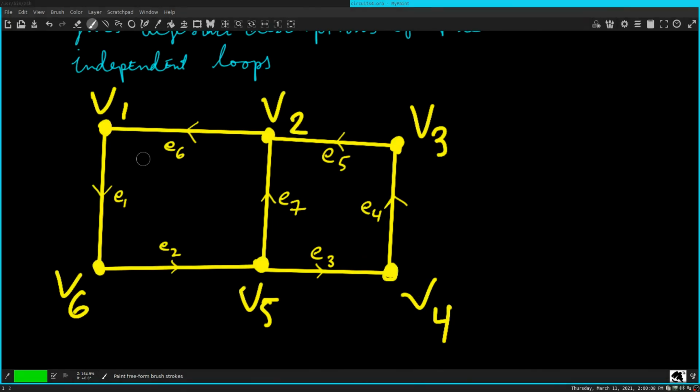Well, loops have the property that they always enter a node the same number of times that they leave the node. So, for instance, we take this loop here that goes around. It picks up a V1 from E6, loses a V1 from E1, picks up a V6, loses a V6, picks up a V5, loses a V5, picks up a V2, loses a V2, and so the boundary terms will all cancel out.